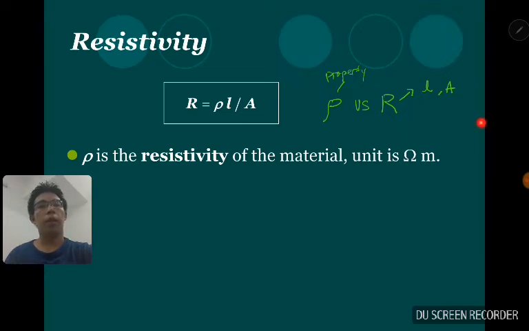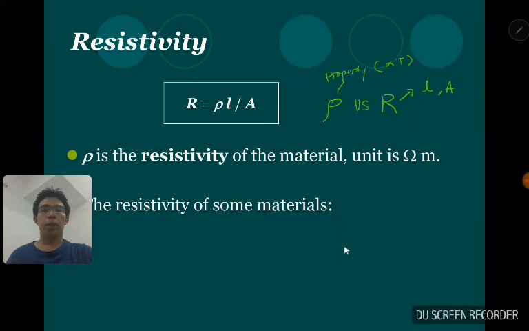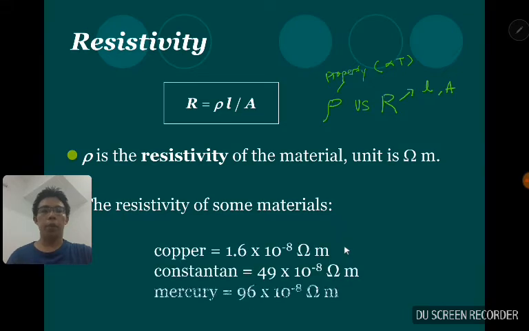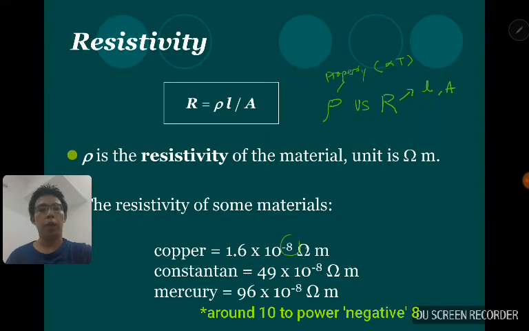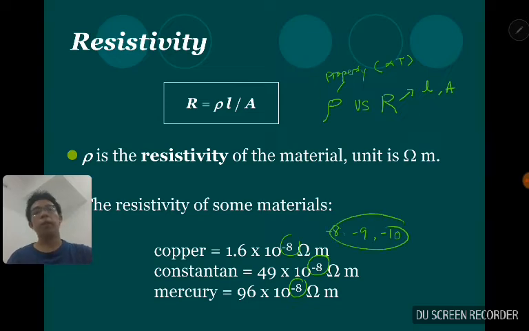An additional note to that is that it's also dependent on the temperature, but it's not dependent on the L and A as the resistance is. It is measured in ohm meter. Here are some examples: copper, constantan wire, and mercury. You can see that they are around 10 to the power of negative 8 to 10 to the power of negative 9. Some are even negative 10. So you can just remember that it's around 10 to the power of negative 9.